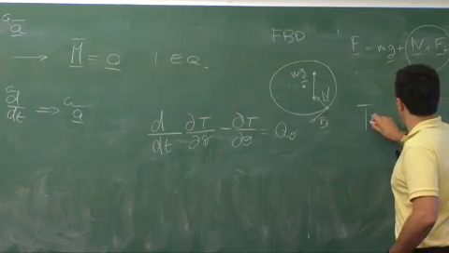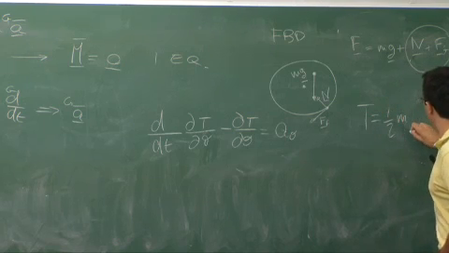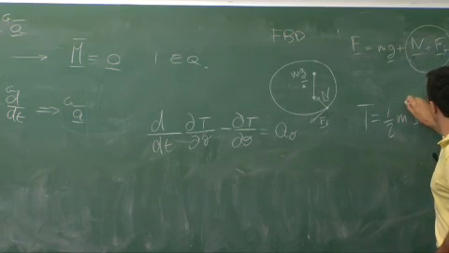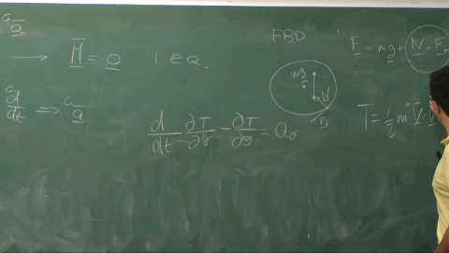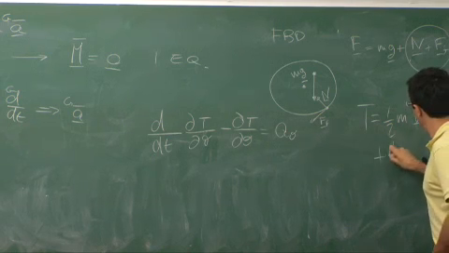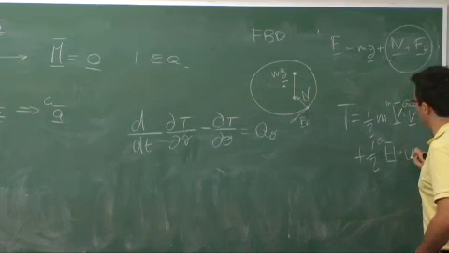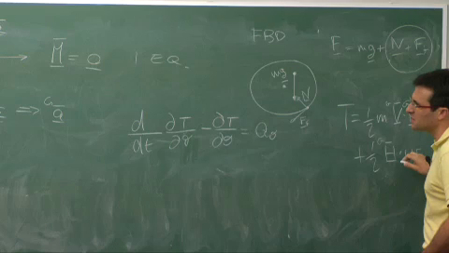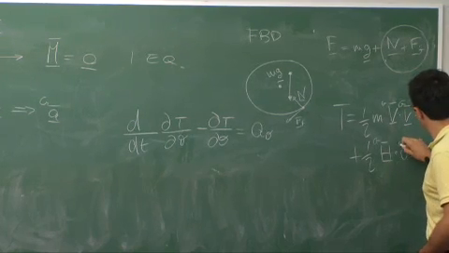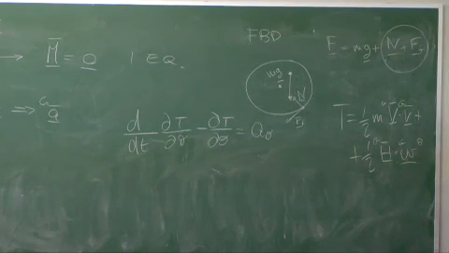T is what? 1 over 2 m v bar g dotted with v bar g plus 1 over 2 h bar g dotted with omega of the disk, which I think we called b. I'm not sure. I think we called it the b reference frame. So that would be your kinetic energy.